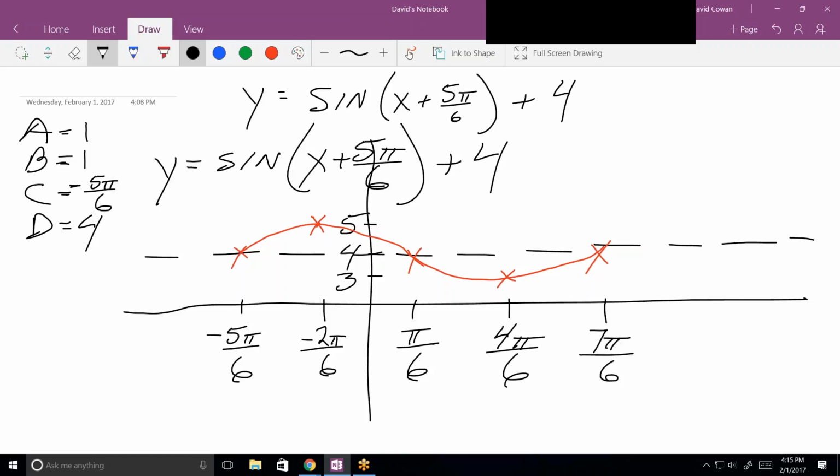Okay. So if you had a tides problem, you'd use that. If you had a breathing problem, you would use that. Anything where you are given the maximum value and the minimum value is going to allow you to come up with both A and D. Okay.